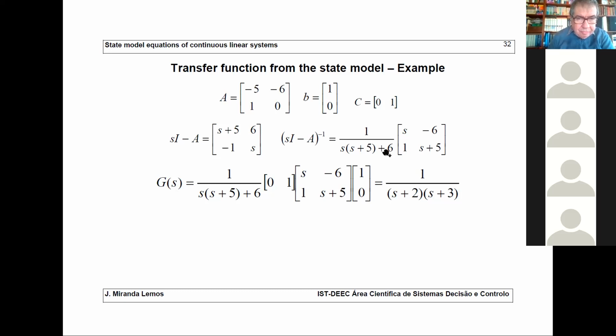Then I have to multiply on the left by C and on the right by B to get G(s). If I do all these computations, all this stuff here amounts to 1. Probably. Should be.